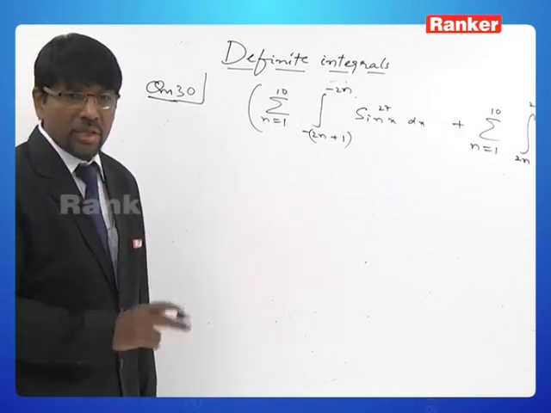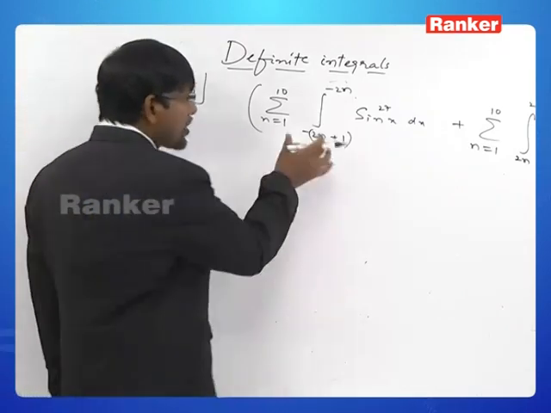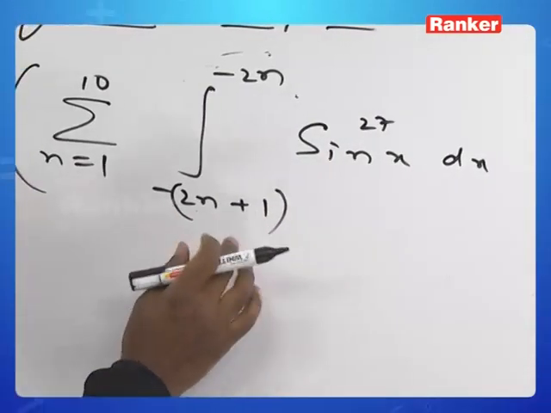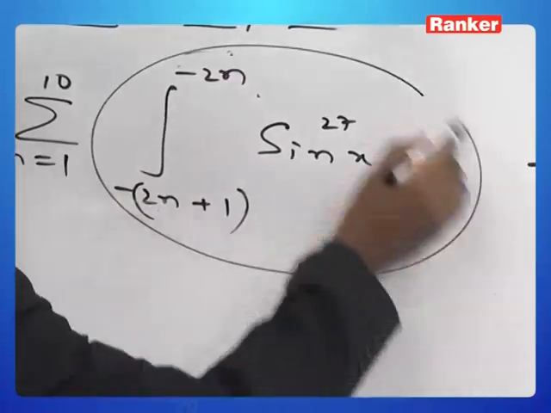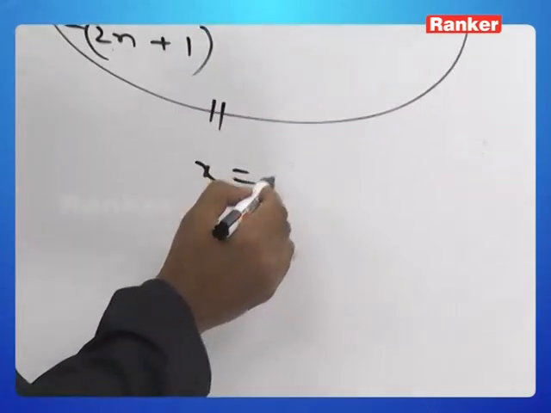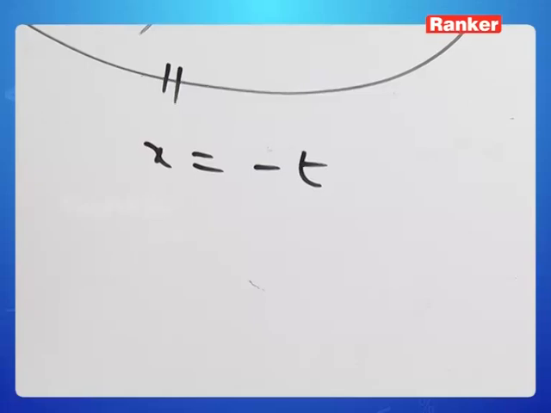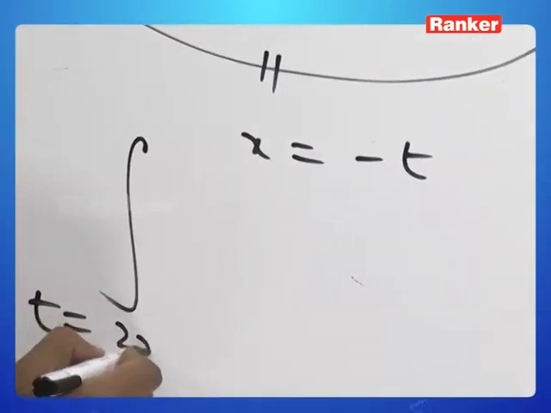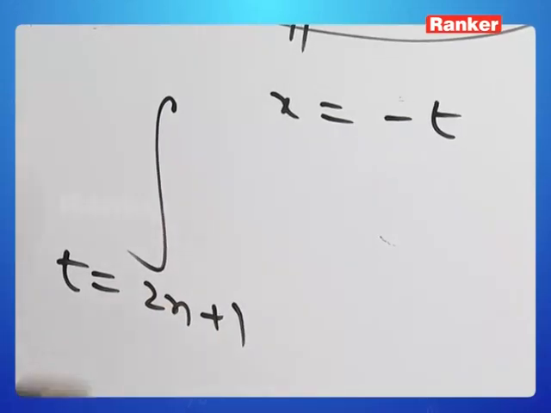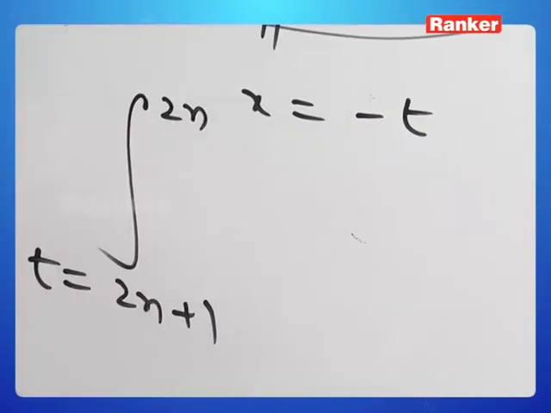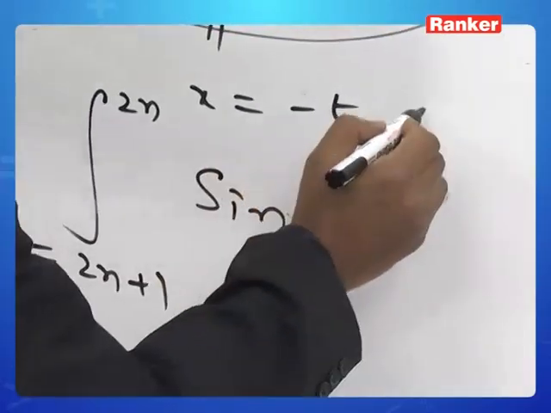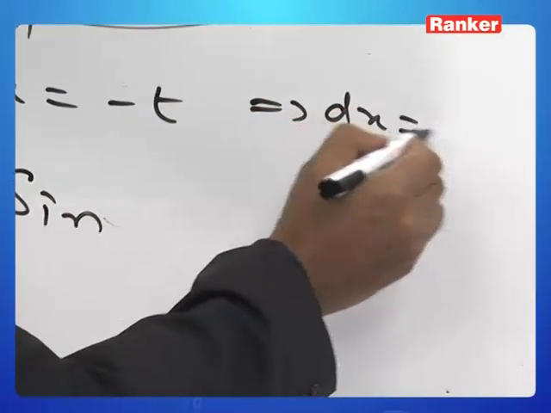Let us see if these two can get cancelled. And you can see that by making a change of transformation here, I put in this integral, put x equal to minus t. What would happen? Minus t will become 2n plus 1 here and 2n here. What do we get here? dx will be minus dt.